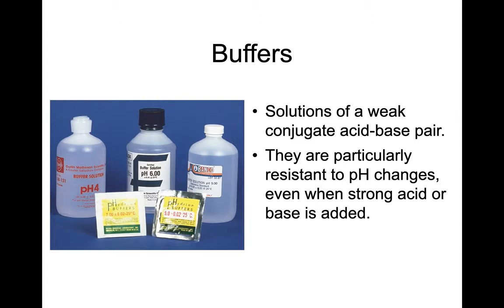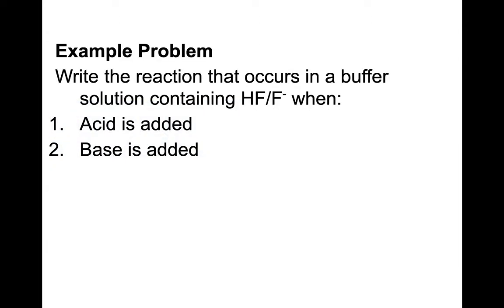They can make it more able to take in that acid or base without actually increasing or decreasing in pH. And we'll go through some examples to see this play out.